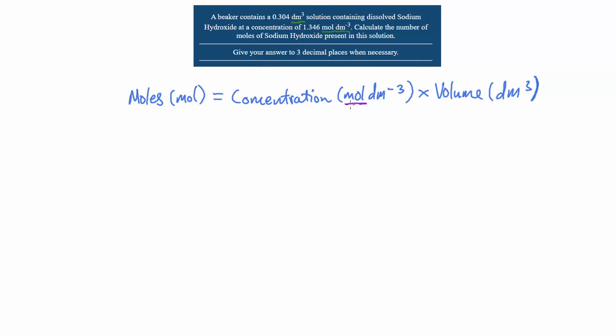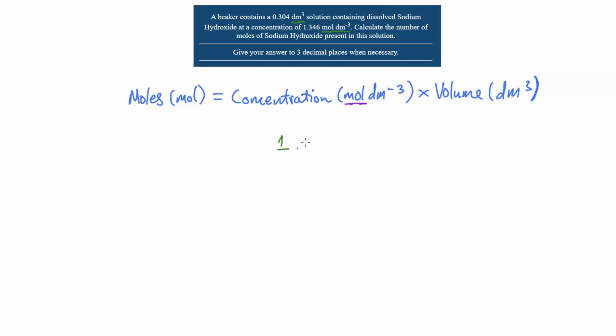This is a very straightforward question, and we don't actually need the periodic table to work out anything, because the concentration and volume information is provided in the question. So what concentration have we been given? 1.346.